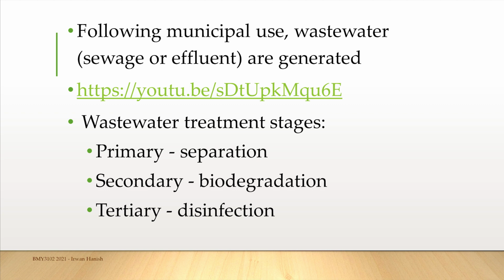The tertiary treatment is some combination of filtration and disinfection. This is the final stage before you can discharge the water into the river. The methods are similar to the earlier potable water treatment. You use chlorine or UV or ozone. And all of this is to make sure that the water is safe to be released into the environment.